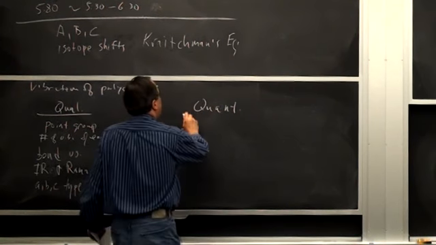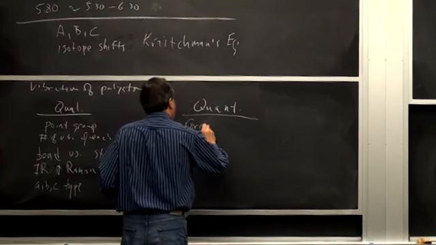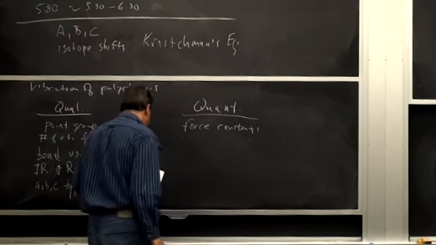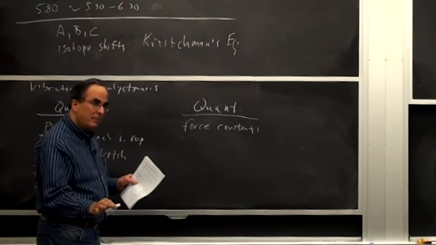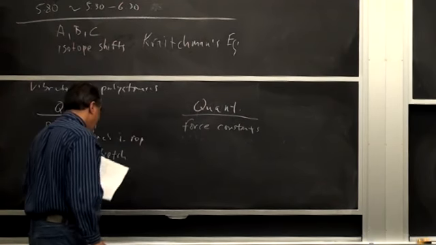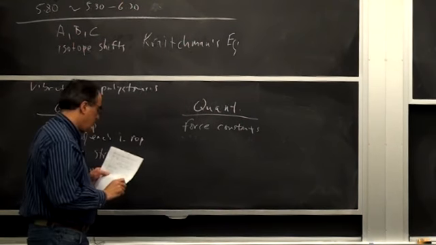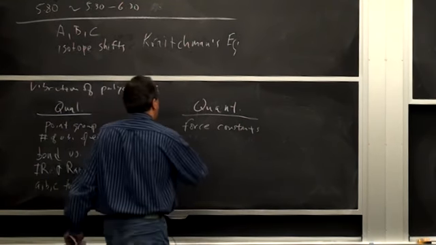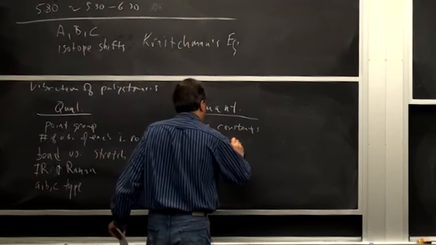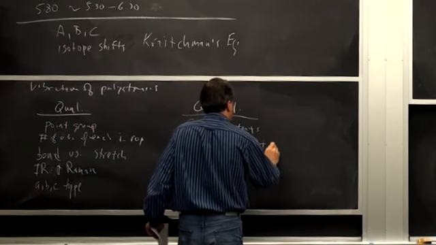And the quantitative stuff is, well, you get some force constants from the spectrum. Not all of them, but you get some force constants. You can predict the spectrum from force constants and geometry.